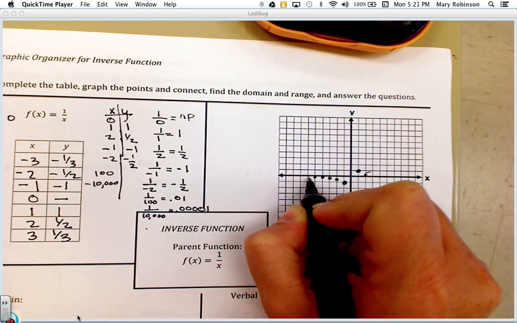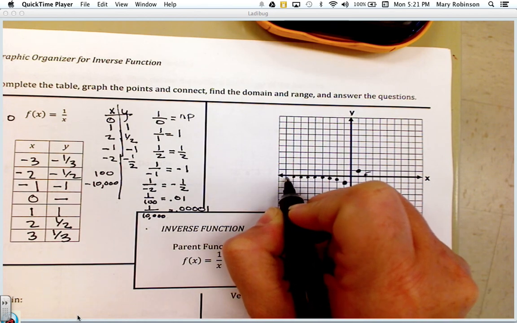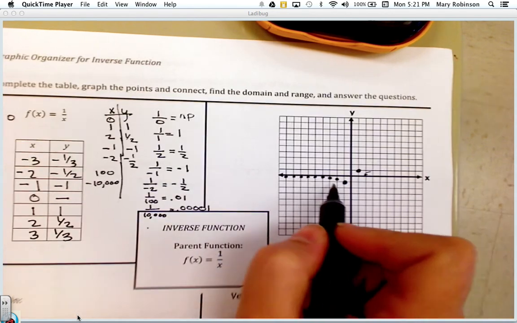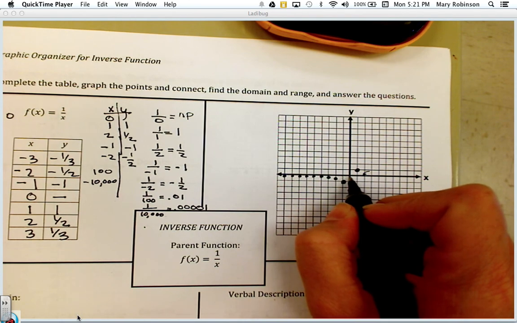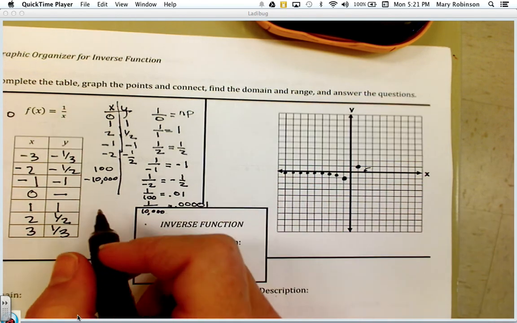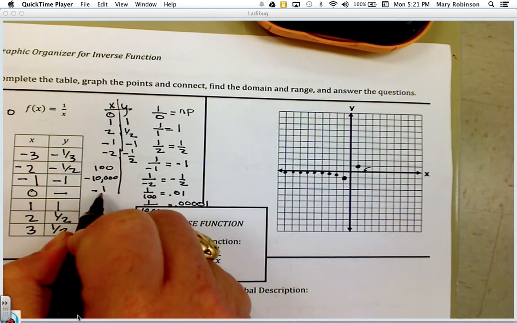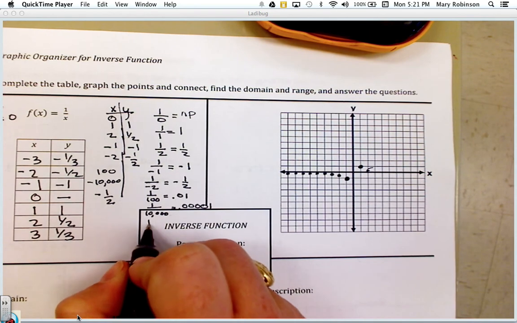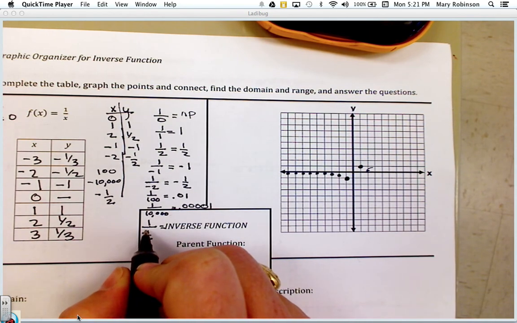So you can see what's happening as we input larger values. Think about 1 over 10 would be 0.1. That's really close, but it's under our x-axis. If we were to think about inputting values between 0 and negative 1, say for instance negative 1 half, well, if we had 1 over negative 1 half, a half goes into 1 twice.